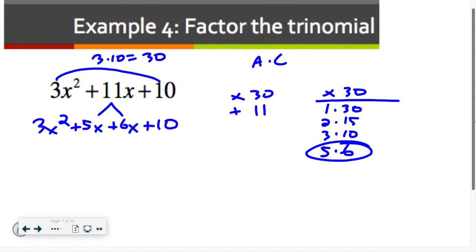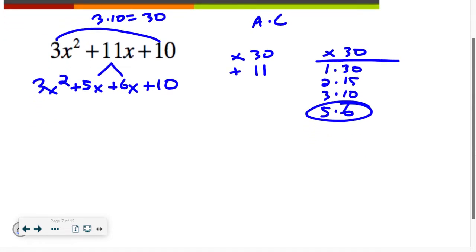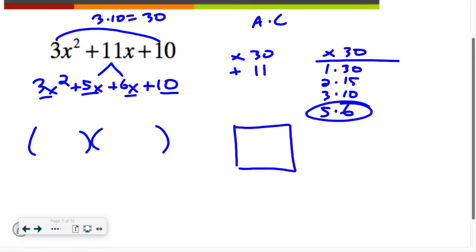So one thing that's a little bit different that I'm going to try out is, a few days ago we talked about multiplying with a box. So today I'm going to actually factor with a box too. I know my goal is to have something like this, 2 binomials. If I have 4 terms, I can fill out my 4 square boxes.